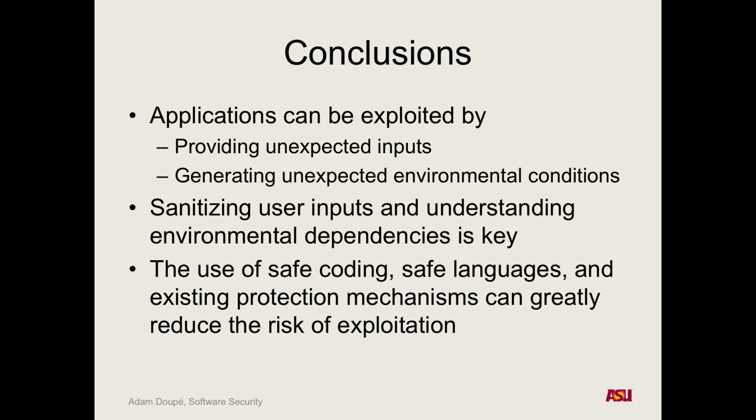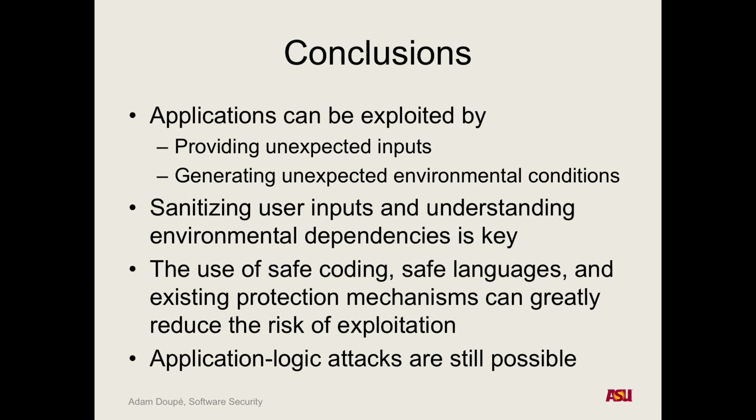Even if you do all that, you still have problems with the application's logic, right? Like we said, if you have a coupon system that allows you to use a coupon and keep using it enough times to reduce the price to free, that's still a vulnerability in your application. It's not a memory corruption vulnerability, it's a problem with your application's logic.